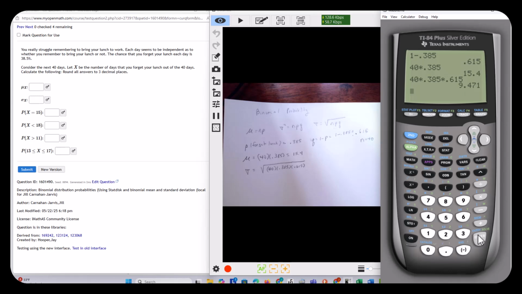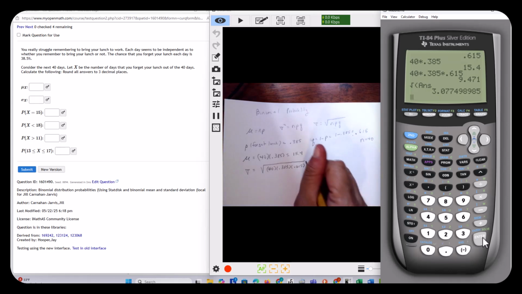I'm going to leave that in my calculator, and then hit second, x squared to get the square root, and then pull the answer back up, which is 9.475. I'm lazy, I really don't want to type it in, so I can just do second, the minus sign, which brings the answer. So this gives me the square root, 3.077. It's wanting 3 decimal places.